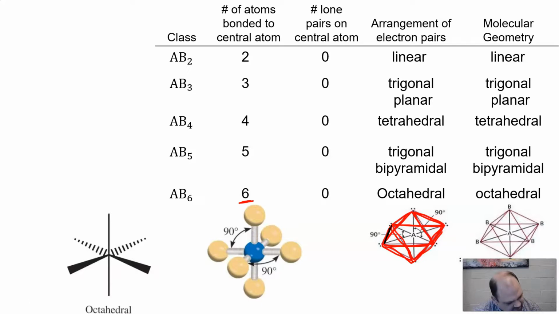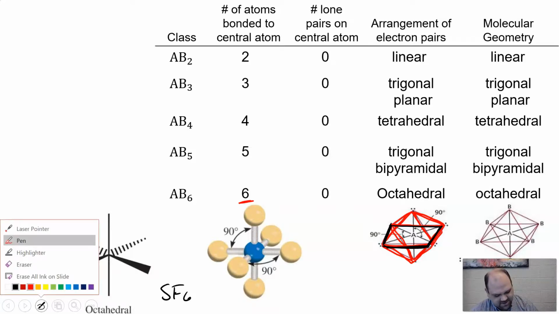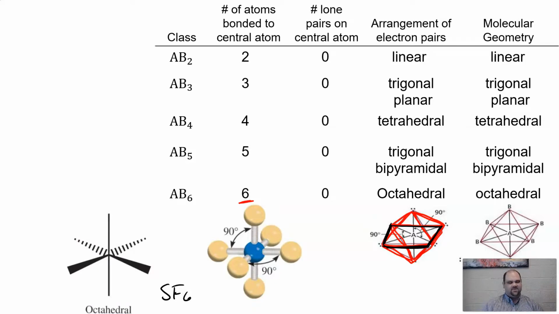I'm drawing in black here. If you look at these equatorial positions, instead of being trigonal planar, they form almost a square, and so this is like a square pyramid on top and a square pyramid on bottom. SF6, sulfur hexafluoride, is a good example of this kind of molecule.